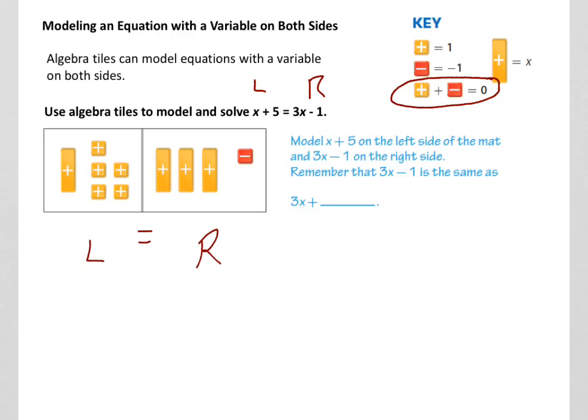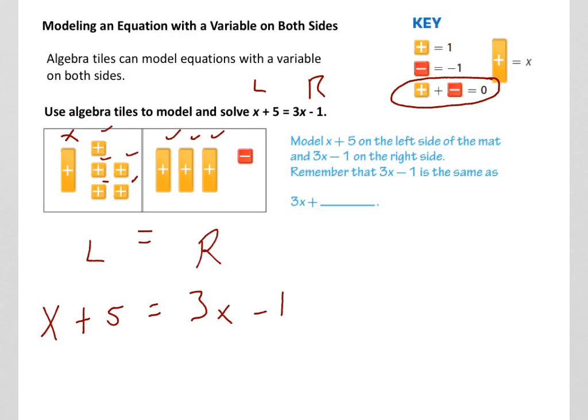Well, let's take a look at the model. This tells me that I have 1x and I have 1, 2, 3, 4, 5 ones. So this on the left side is saying that I have x plus 5. And there's my equal sign. And then over here I have 1, 2, 3 x's, and this says I have a negative 1.